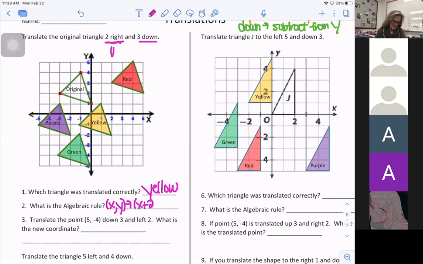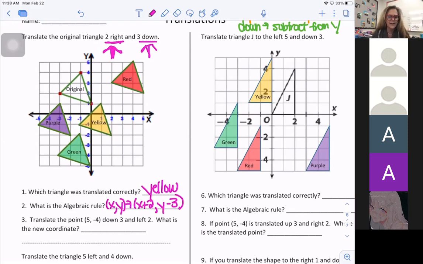Look right here. And then what happens to the y? It's minus 3. y minus 3. Questions so far? Okay. Now let's look at question 3.